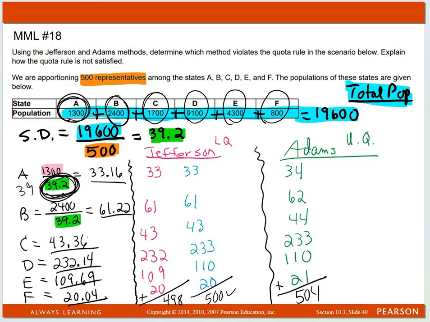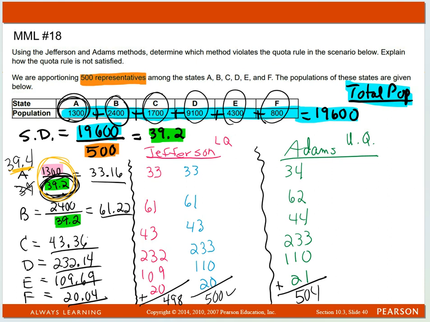So this time I'm going to divide by, what did I say? 39.4. Okay. So instead of the 39, I'm going to divide all these by 39.4. And need another color. Let's go with the yellow. Okay, and once again, I did this on my calculator. I didn't write the numbers down. I just looked at the number on my calculator when I did the division with the 39.4, and then I picked the upper quota.